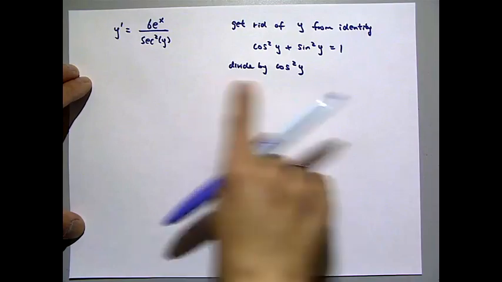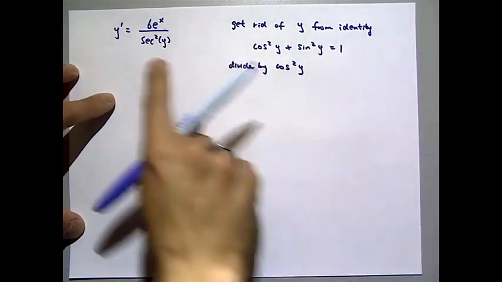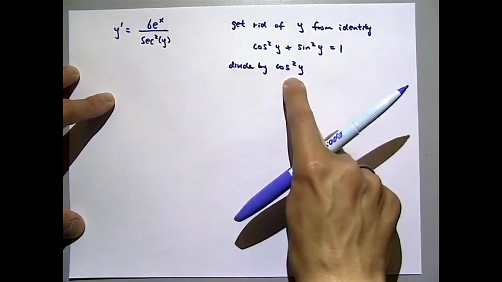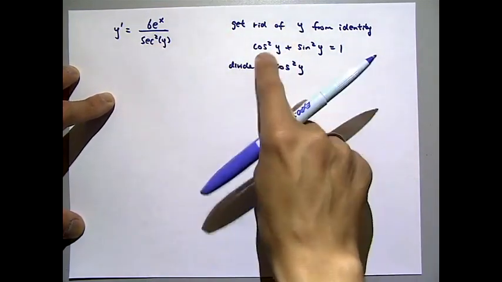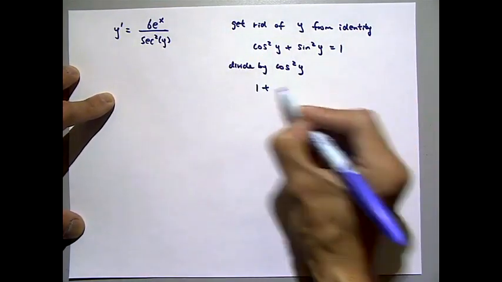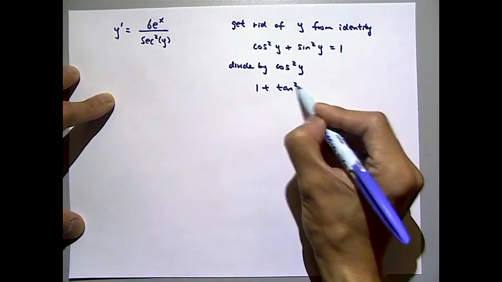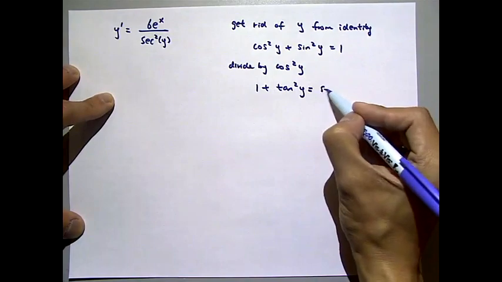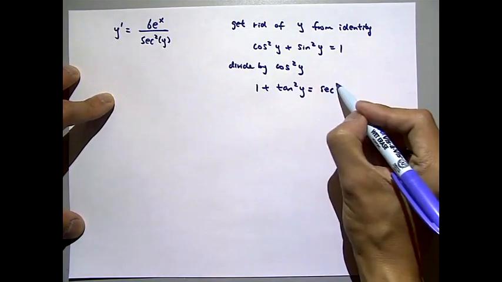Let's divide by cosine squared because I want secant to show up. I know 1 over cosine is secant. So I get 1 plus tangent squared of y is equal to 1 over cosine squared, that's secant squared of y.